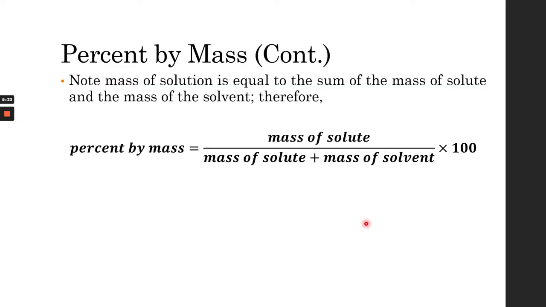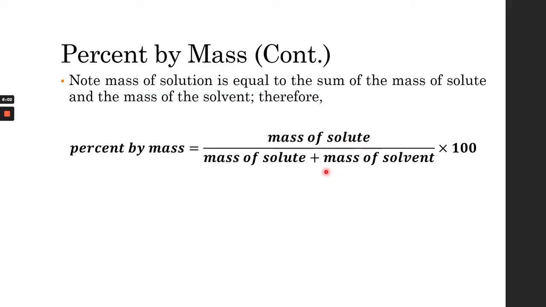Therefore, we can also use this equation: percent by mass is equal to the mass of solute divided by the mass of solute plus the mass of solvent, because the mass of solution is basically the mass of solute plus the mass of solvent. Again, I hope you understand the difference between a solution and a solvent. Solution includes both solute and solvent. Solvent is the one that you use to dissolve the solute.